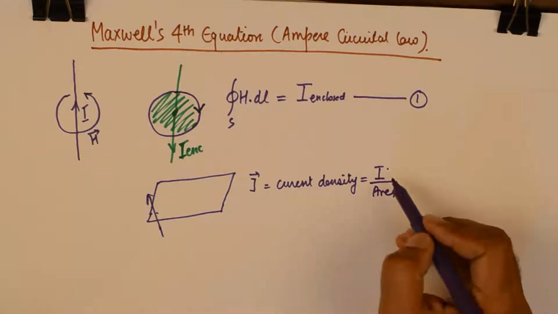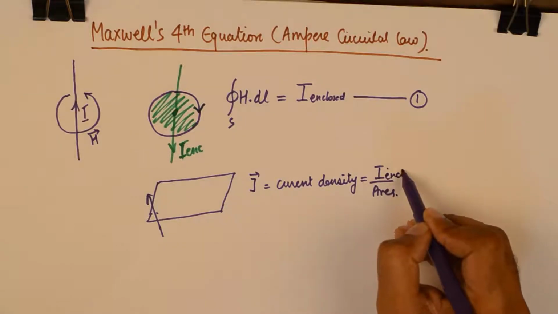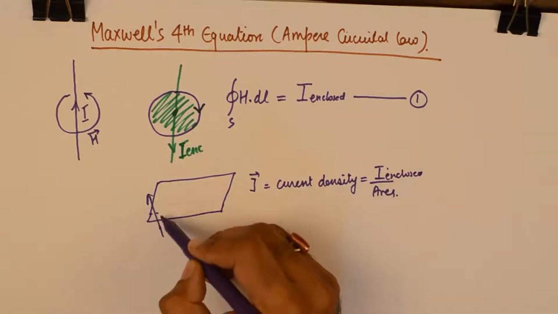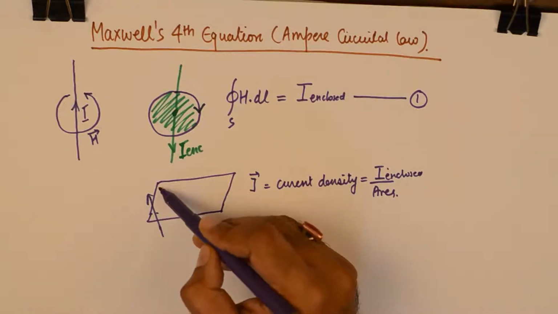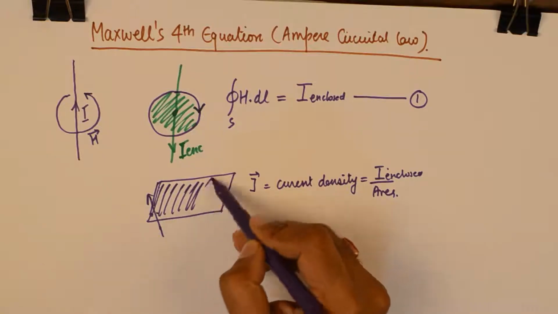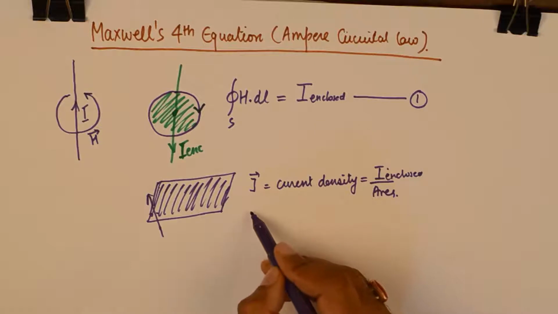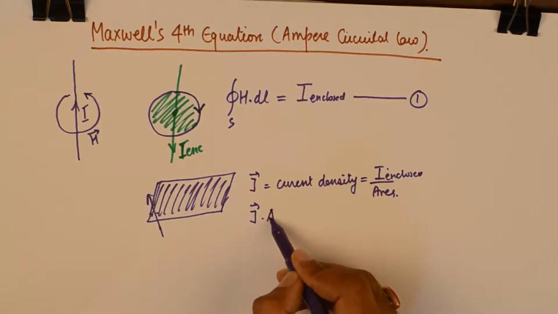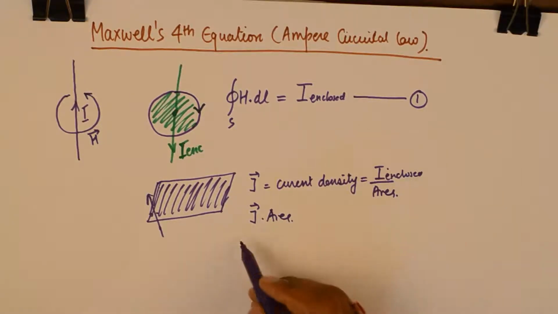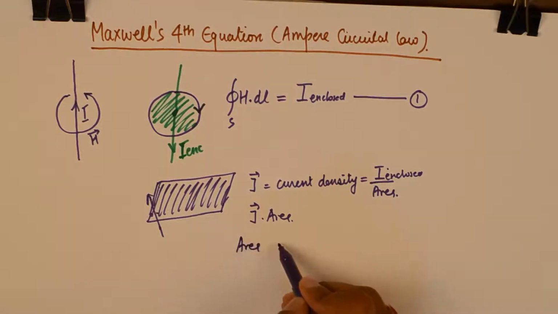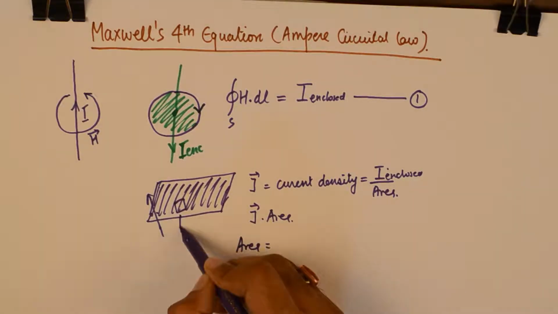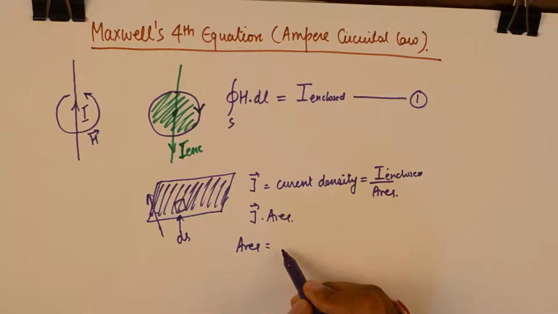So if I was to find the enclosed current out of the surface of this area, then I'll need to multiply the current density with area, and area is represented as, I'll take up a small area ds, as the surface integral of ds.